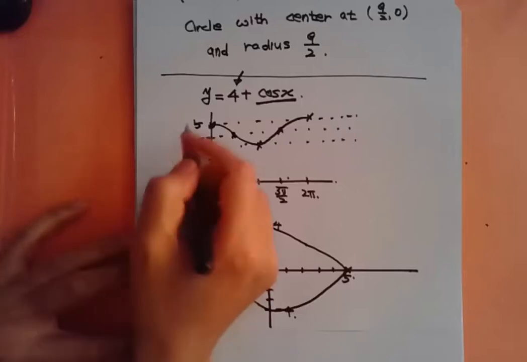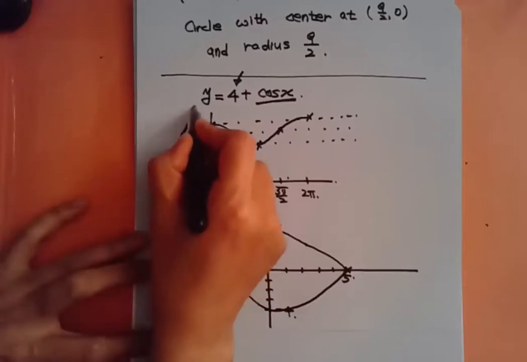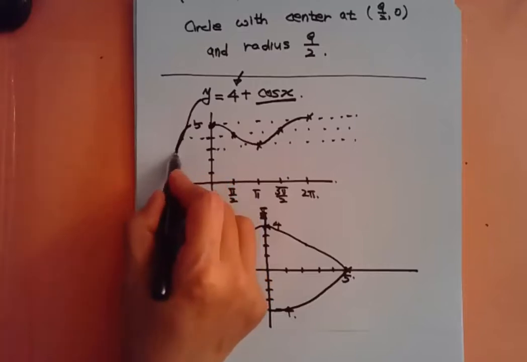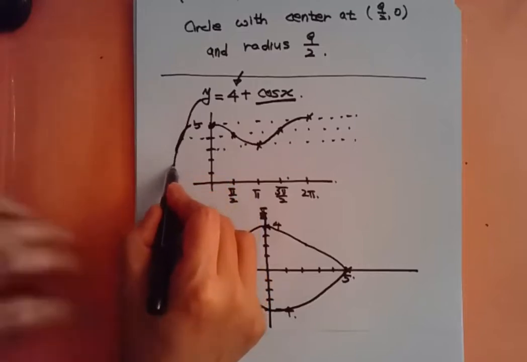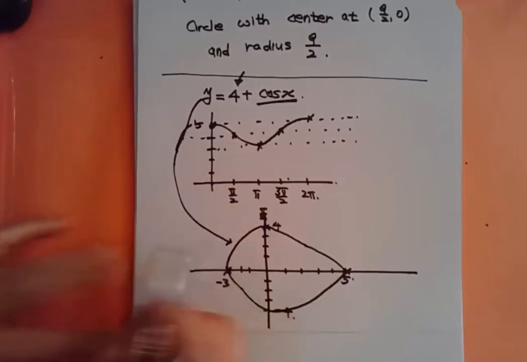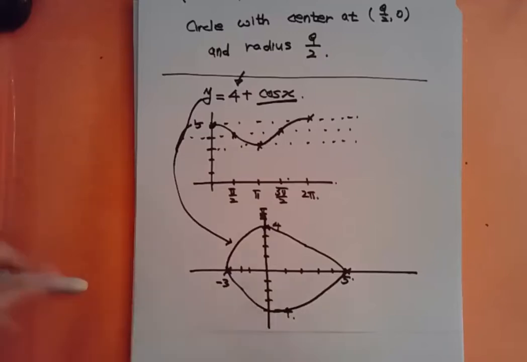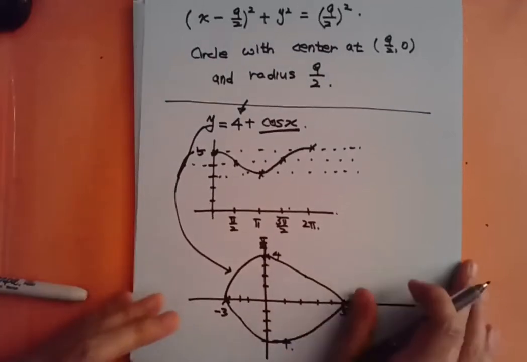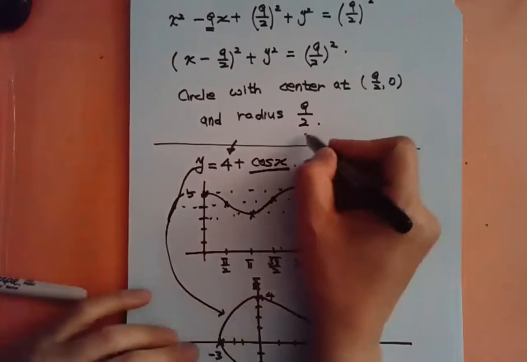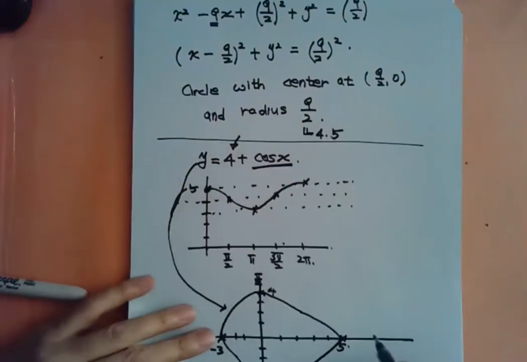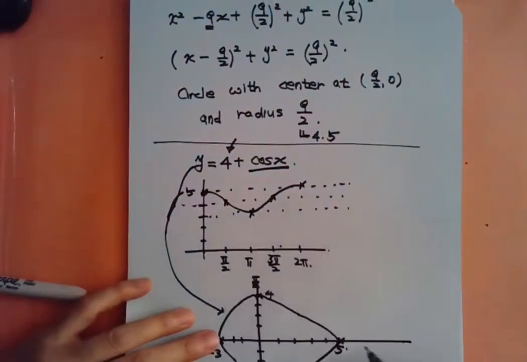And so the graph of that one is this one. And the other one has a radius of 9/2, which is 4.5. And so the other end will go twice more.